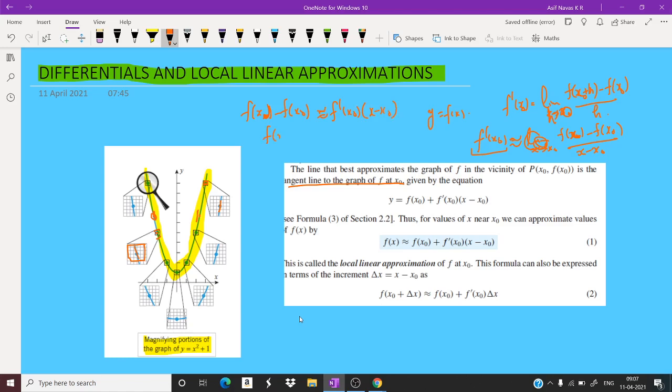So f of x at any point nearer to x naught is approximately equal to f of x naught plus f dash of x naught into x minus x naught.